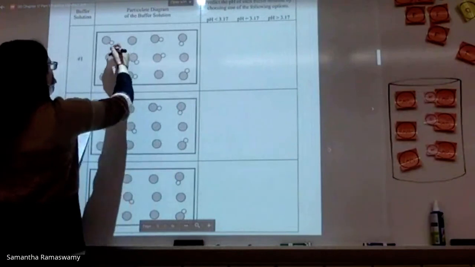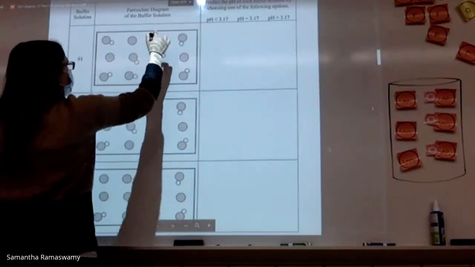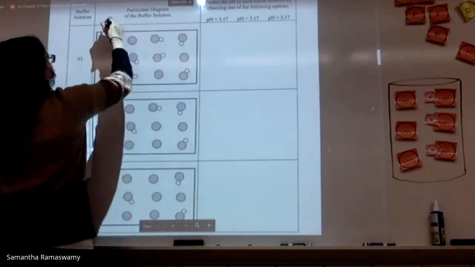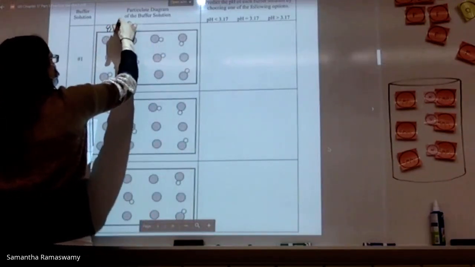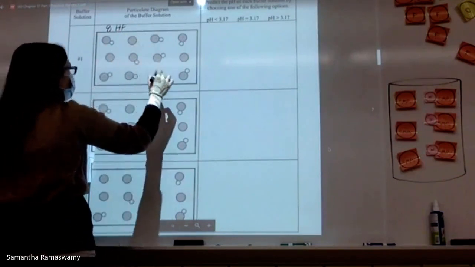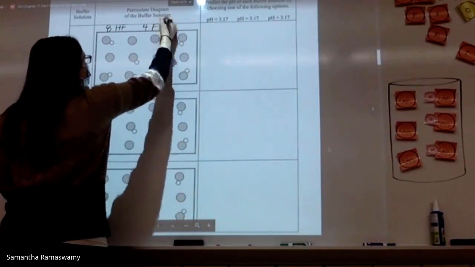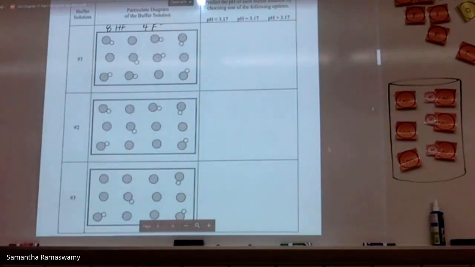So if I look at buffer 1, 2, 3, 4, 6, 7, I have 8 molecules of HF. And I have 1, 2, 3, 4 molecules of F minus. So if we have more acid, how should our pH compare to our pKa?